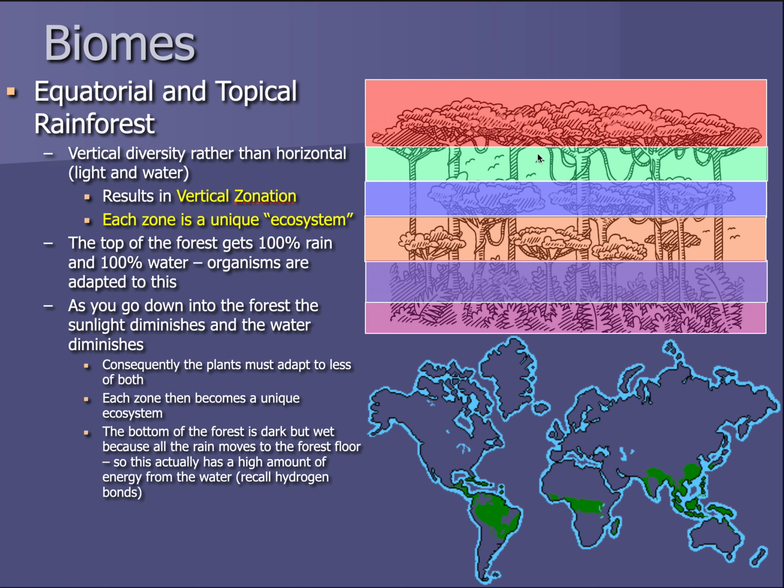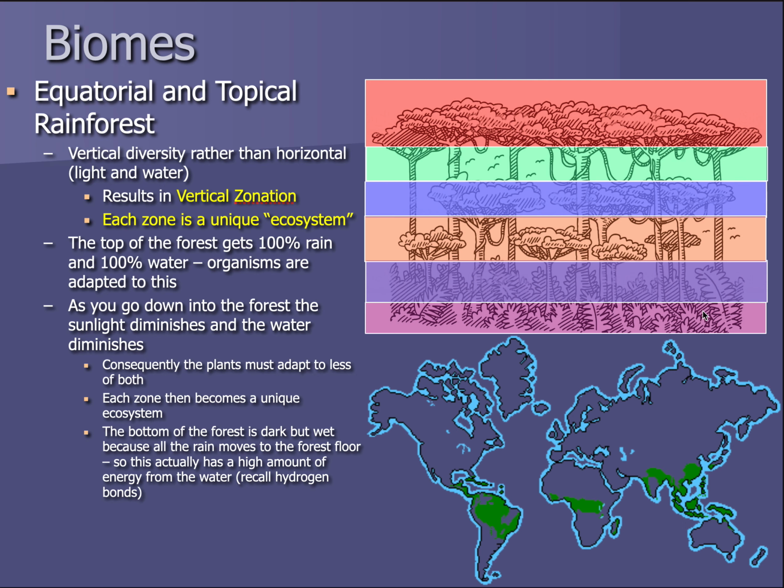So these species are a little more adapted to less moisture. This canopy also blocks the sunlight. If we said this is 100%, we may get 80% sunlight and maybe 80% moisture in this zone. So it's a very different range of tolerance here, which means we're going to have different species.